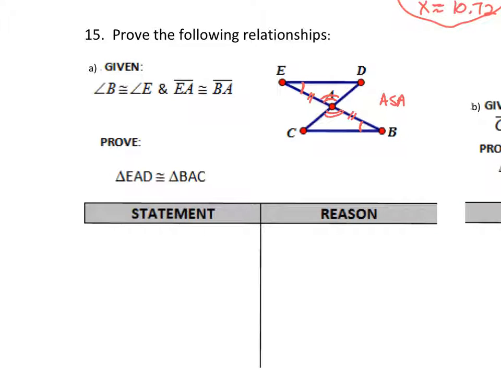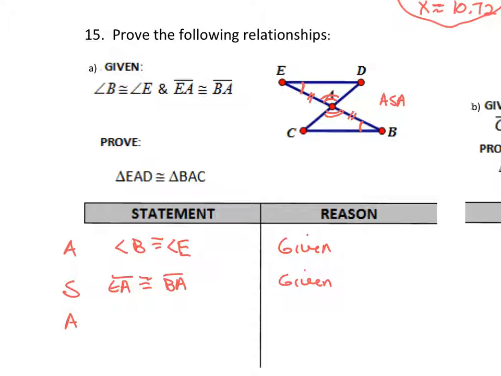Writing that up, angle B is congruent to angle E because it's given. So there's the angle. Then we're going to have a pair of sides and a pair of angles. So the pair of sides is going to be EA is congruent to BA because it's given.